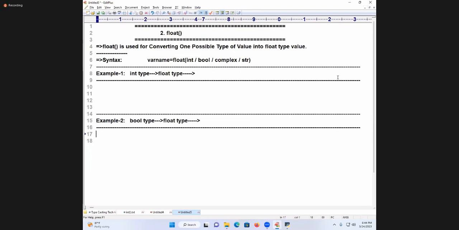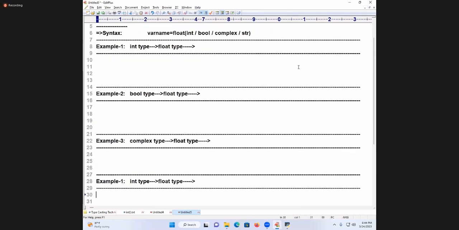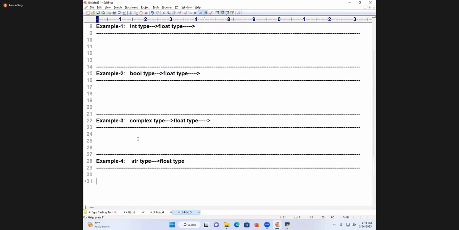Yes, bool type. Next also. What is this? Very good. Complex type. Next, I'll go for str type. str type to what? Float. I will take that. Under that, a lot of cases will come around.